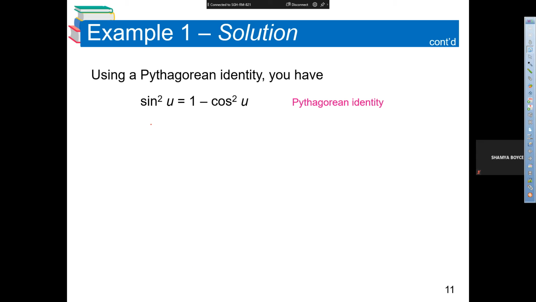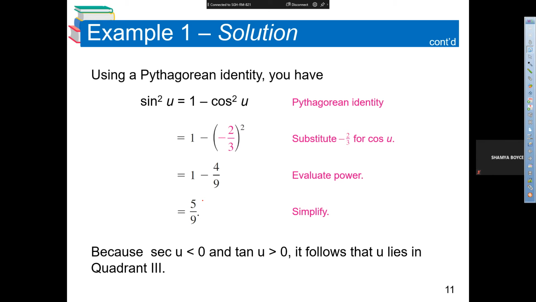So sine squared of u is going to be equal to 1 minus the cosine of u, which is negative 2/3, squared. Yep, there it is. So that's going to be 4/9. 1 minus 4/9 is 5/9.